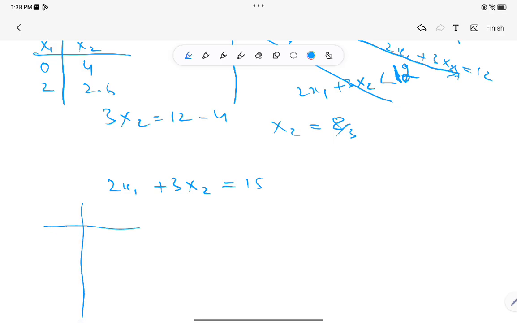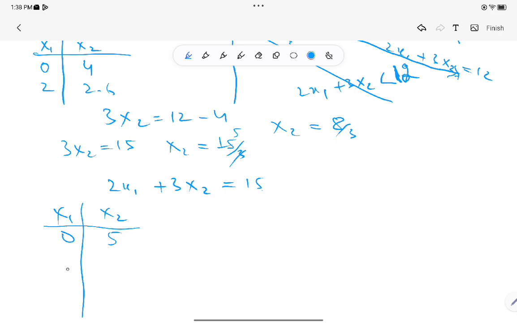Let's see where its graph will come. First give 0 to x1. Then 3x2 is equal to 15, which gives x2 is equal to 15 by 3, which is 5. So the point is (0, 5).